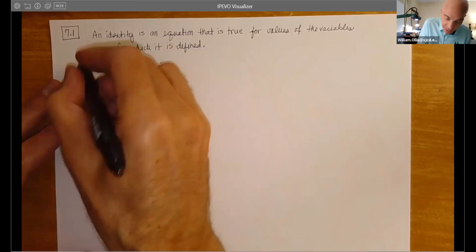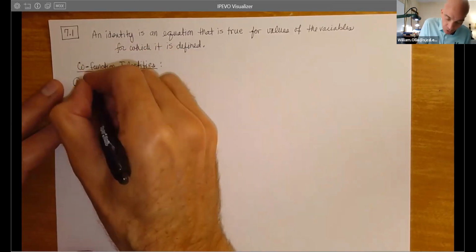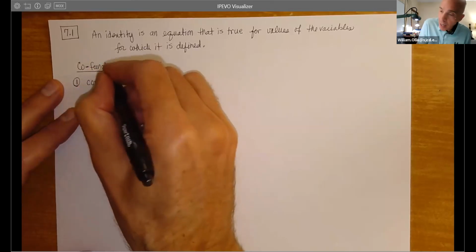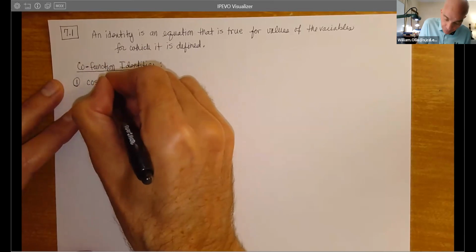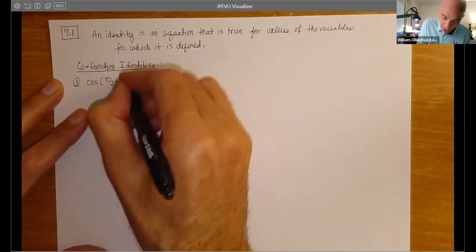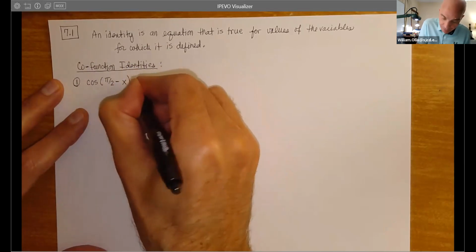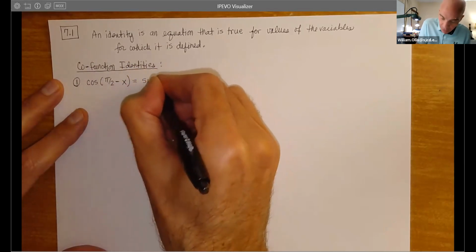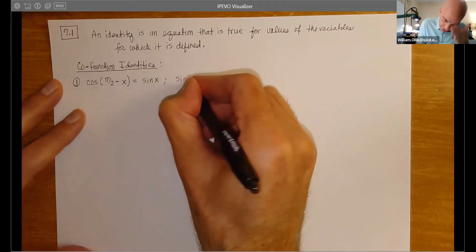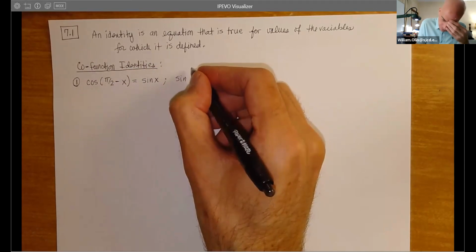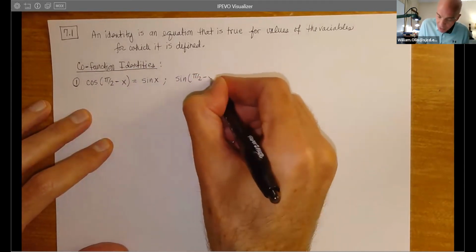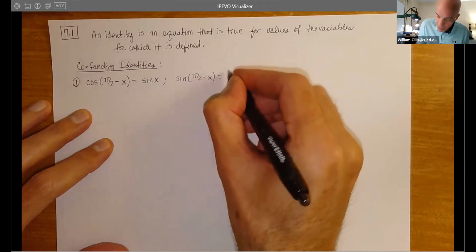The cofunction identities have pairs. So we'll say you can use 90 degrees or pi over 2 radians. Cosine of pi over 2, these are just using complementary angles in a right triangle, minus x equals sine of x. And then the companion formula is sine, in this case, of pi over 2 minus x equals cosine x.